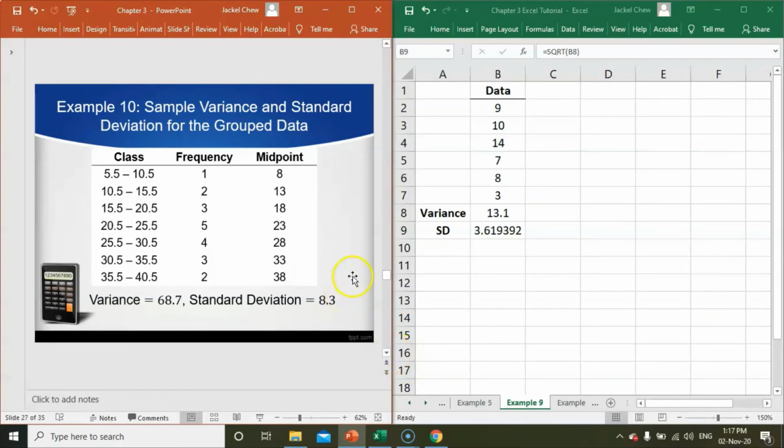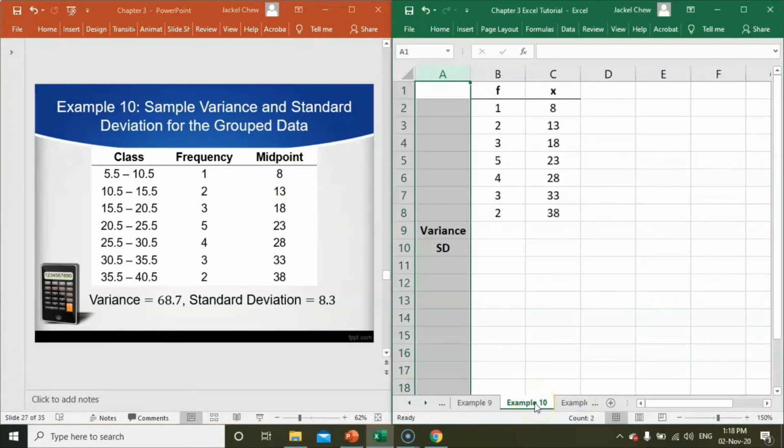And then to find the sample variance and standard deviation for the grouped data, we need to use the frequency and the midpoint. So the calculation will be a bit longer than for the ungrouped data. So we do like this.